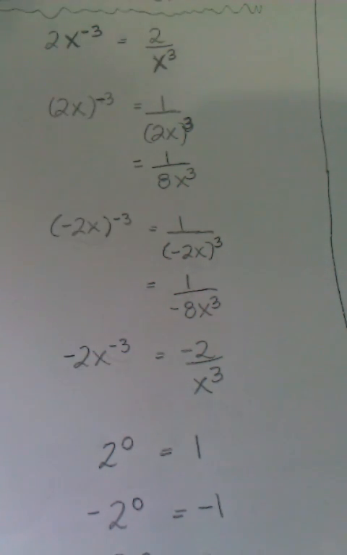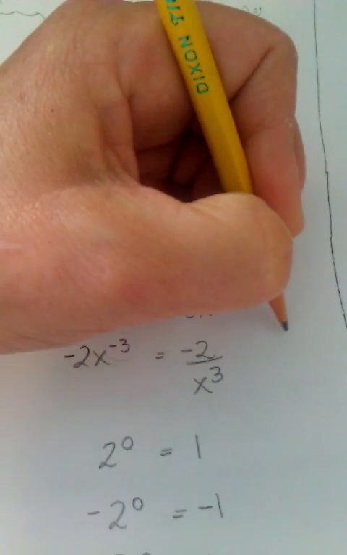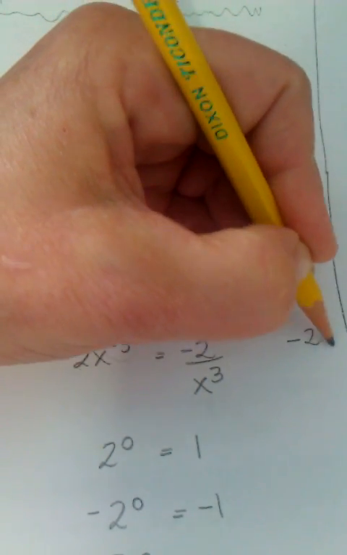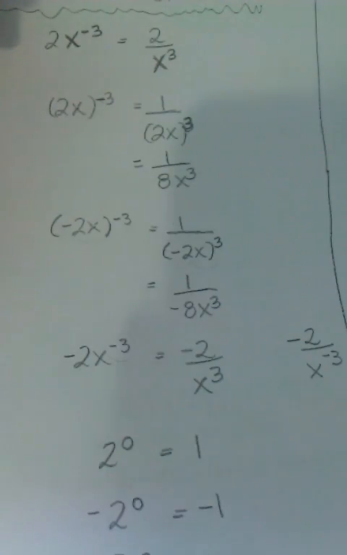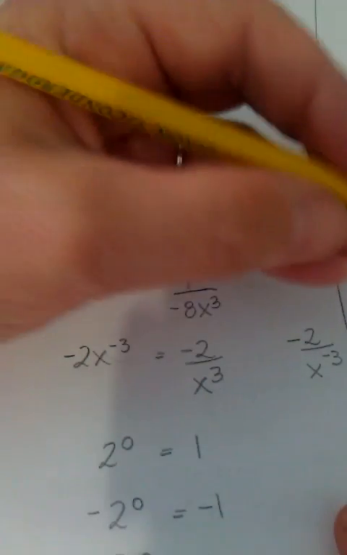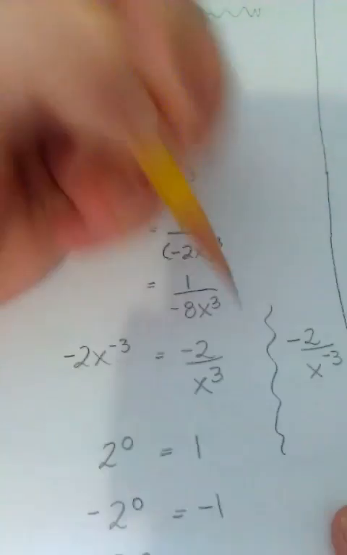Now, hey, if I had a problem that looked like this, negative 2 over x to the negative 3, now I have a negative exponent in the bottom, so this is a whole different problem than what we were just looking at.